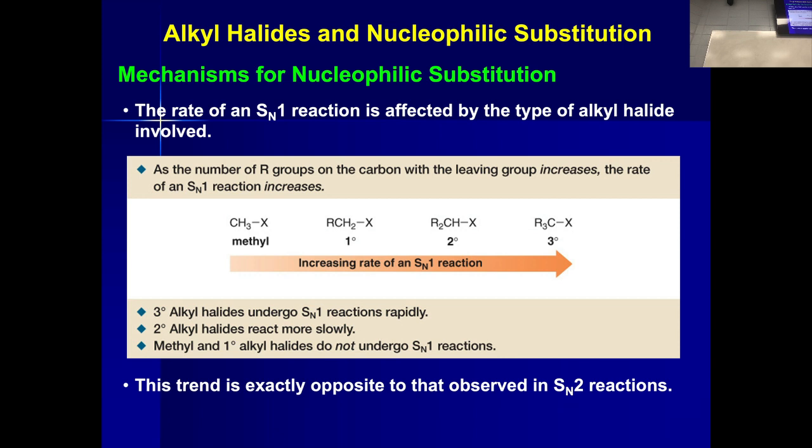Why do you suppose a tertiary alkyl halide will do SN1 chemistry, whereas a primary won't? What do you suppose? What must that mean about the tertiary alkyl halide? The carbocation that it generates must be what?